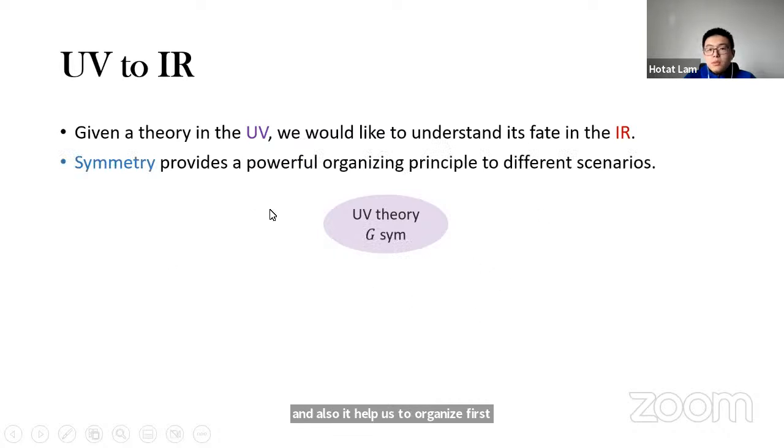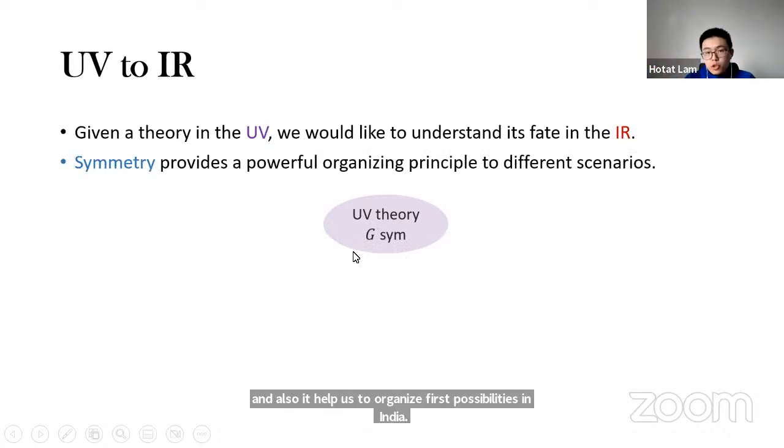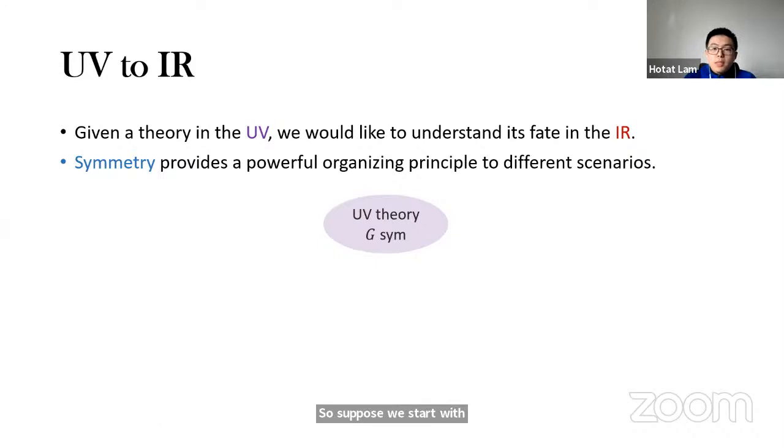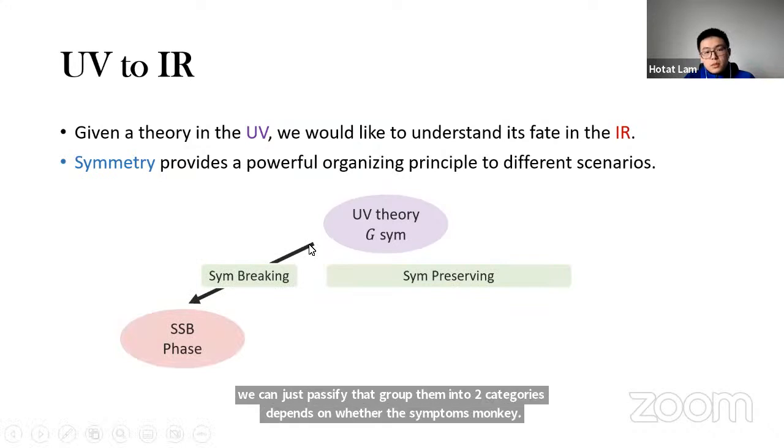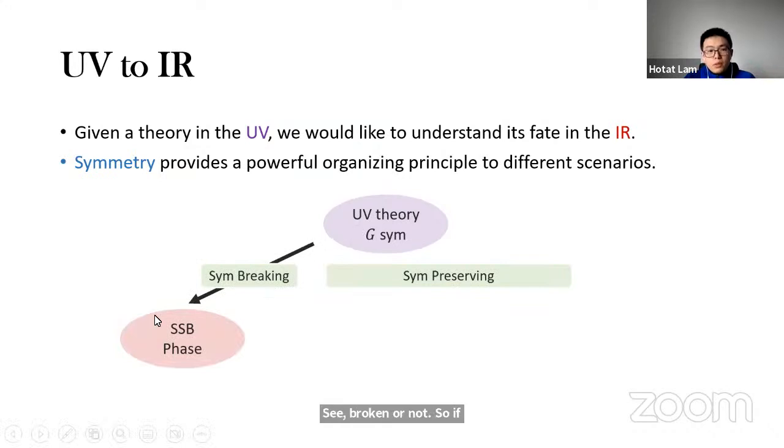Suppose we start with a UV theory with some global symmetry G. Broadly speaking, there are two possibilities, and we can group them into two categories depending on whether the symmetry is spontaneously broken or not. If the symmetry is spontaneously broken, then the theory will flow to a spontaneous symmetry breaking phase.